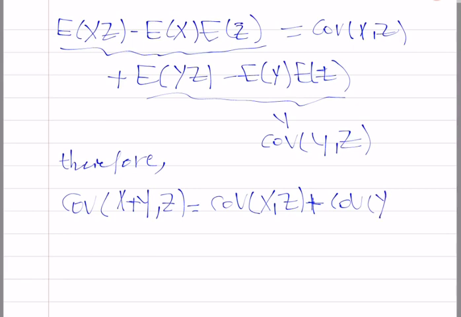So we proved that the covariance between x plus y and z is just equal to the covariance between x and z plus the covariance between y and z.